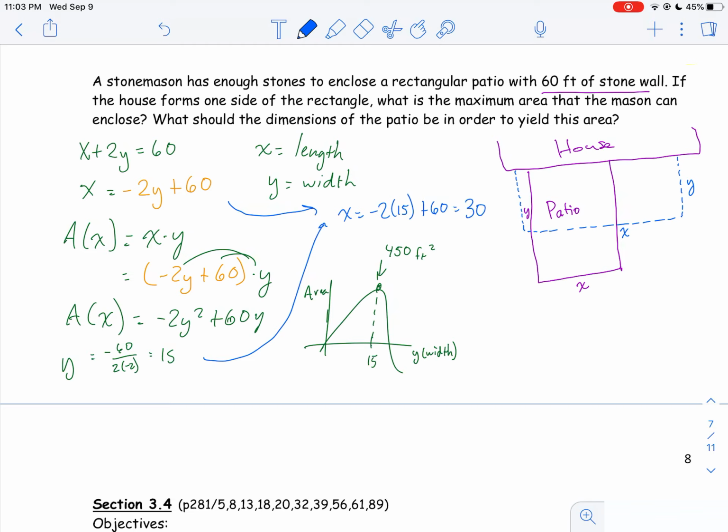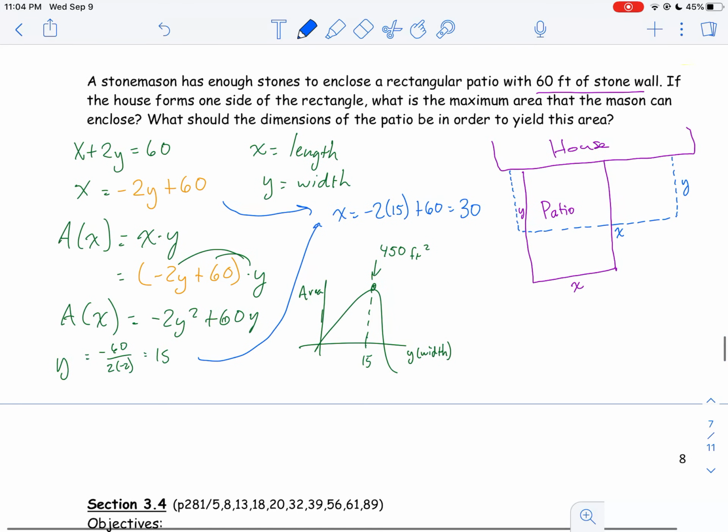So what is the maximum area? The maximum area we found would be when the width is 15 and the length is 30. So that max area would be 450 square feet.